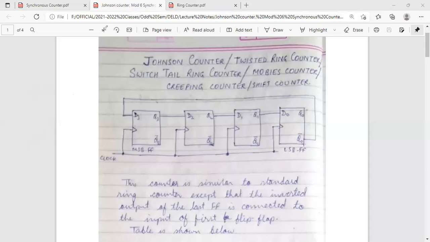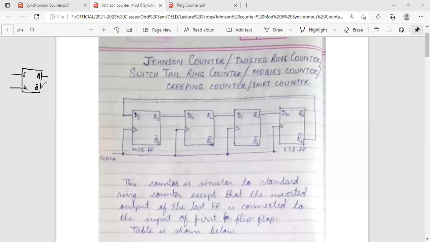I am just showing you what a D flip-flop is. As we have seen in the JK flip-flop, the configuration was like this. In the JK flip-flop we have two inputs J and K, and two outputs Q and Q bar.